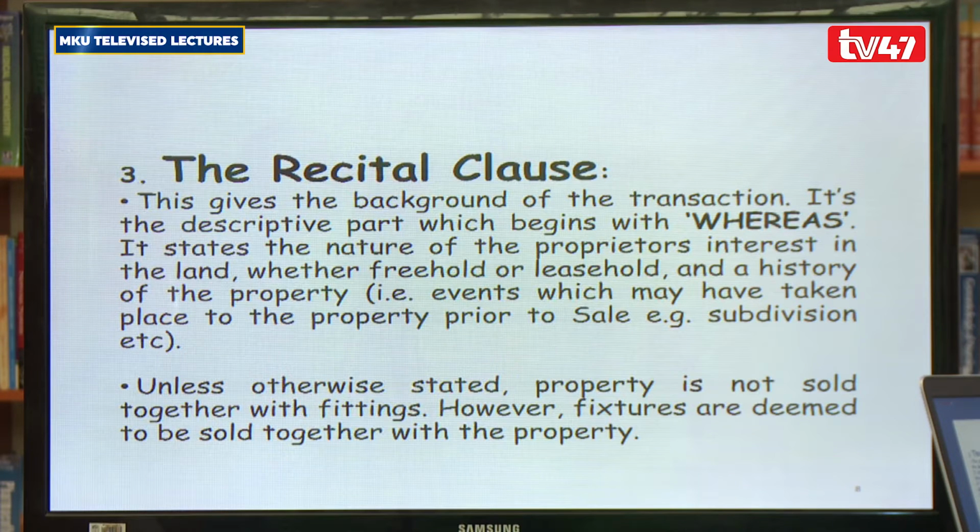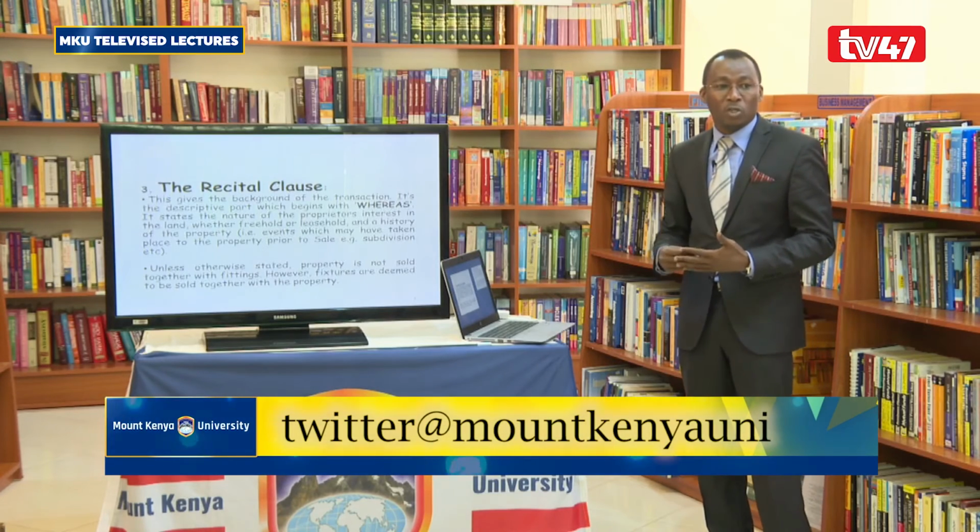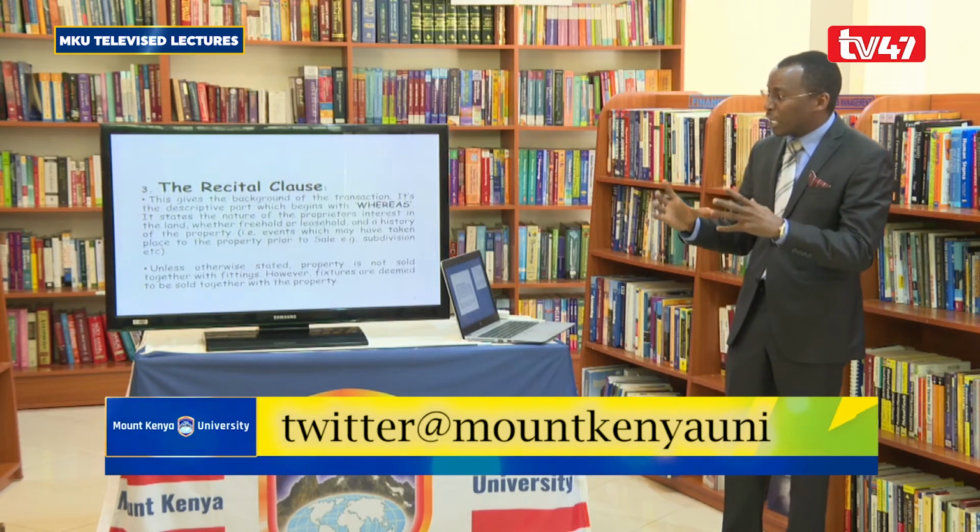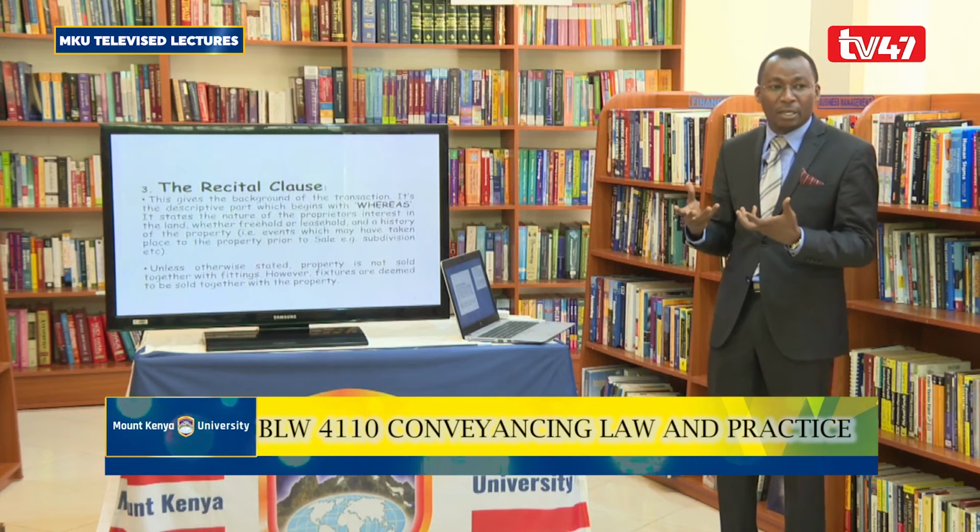For instance, in a typical conveyancing transaction, these clauses will say: whereas the vendor is the registered proprietor of the land, etc., whereas the purchaser is interested in purchasing the said property, etc.